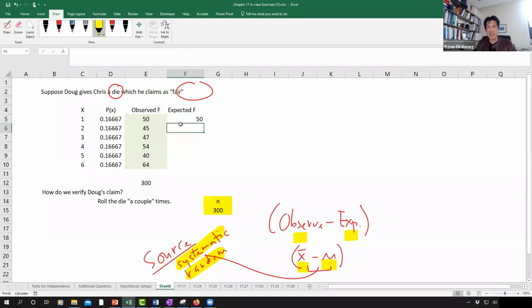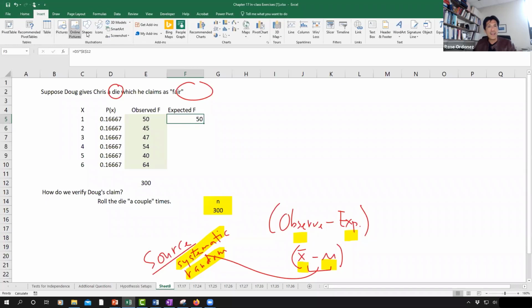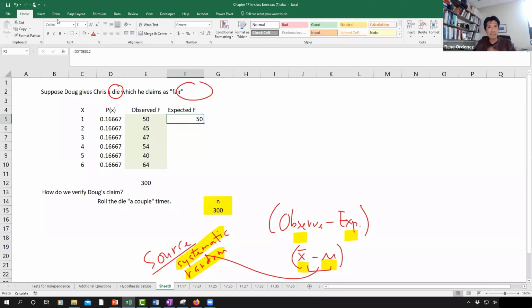All right, so if the die is fair, then the expected number of ones is 50, and that will be true for 1, 2, all the way to 6, right? Based on this probability. So in this column, you have the expected values.